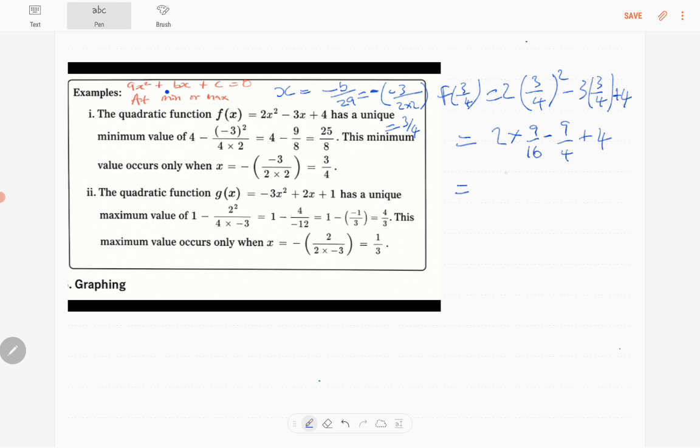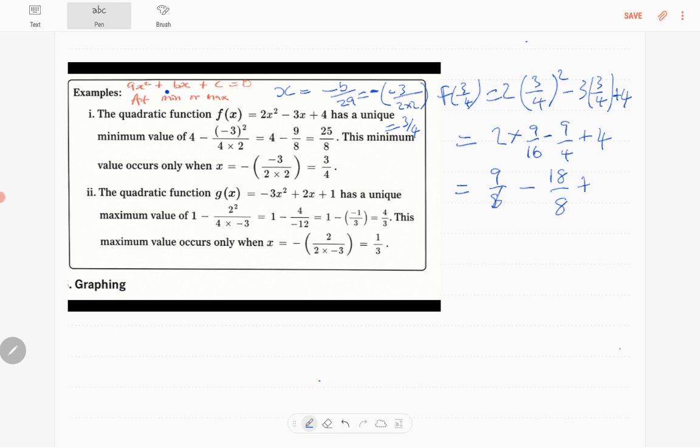16 divided by 2 is 8, so we have 9 over 8. The second one is 9 over 4, but we can also make it something over 8. We are multiplying by 2, so it will be 18 over 8, which is the same thing as 9 over 4.